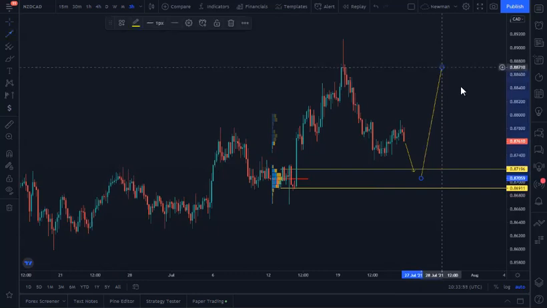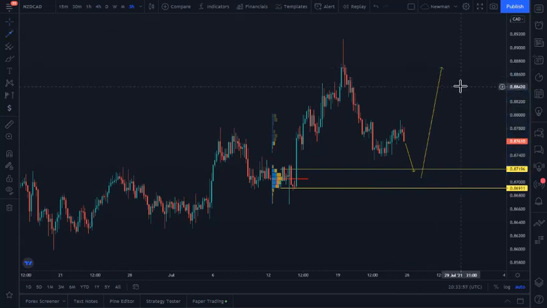So this is where I would likely buy from. Please hold on for me. So if you're looking for a setup in NZD CAD, this is where you want to buy from.